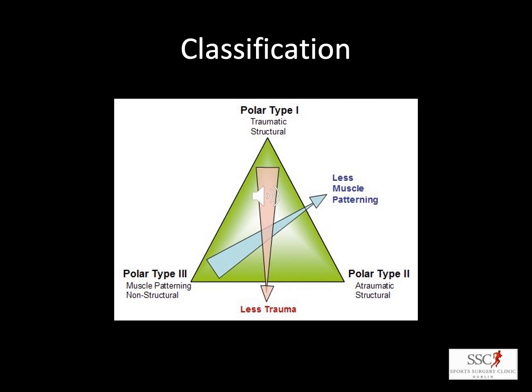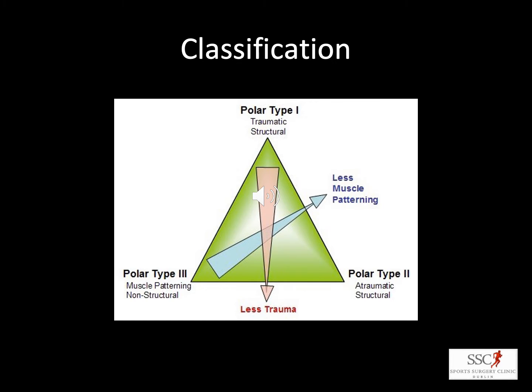The Bailey classification is a useful classification for shoulder instability. Type 1 instability relates to traumatic structural lesions, for example, found in contact sports players.